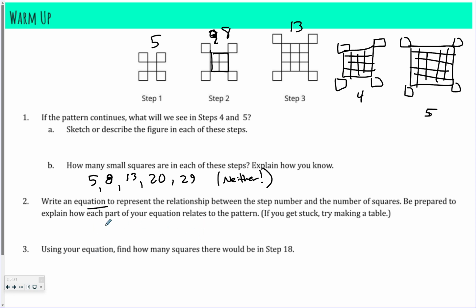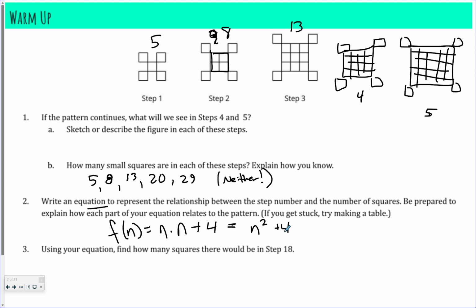So what would that look like? f of n equals, we're going to take the step number and multiply it by itself and we're going to add 4 to represent those 4 corners. Now, what is n times n? n times n is n squared. So my equation becomes n squared plus 4.